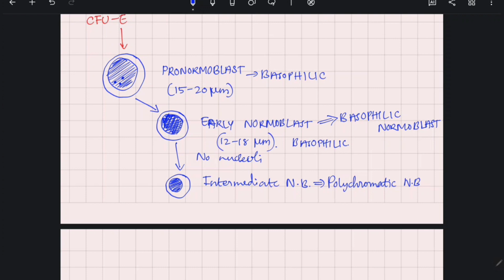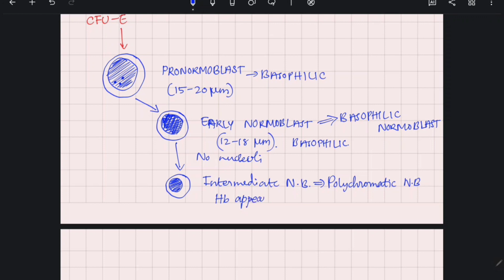Now in the previous cell we saw it's basophilic. Why? The cytoplasm has some acidic components. It's because the cells are producing RNA, and this RNA is acidic, and this RNA will take a basic stain which makes the cytoplasm basophilic. But when it comes to intermediate normoblast, there is the appearance of hemoglobin. It is very, very important.